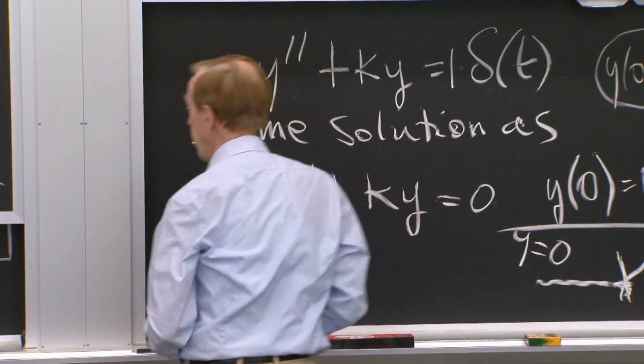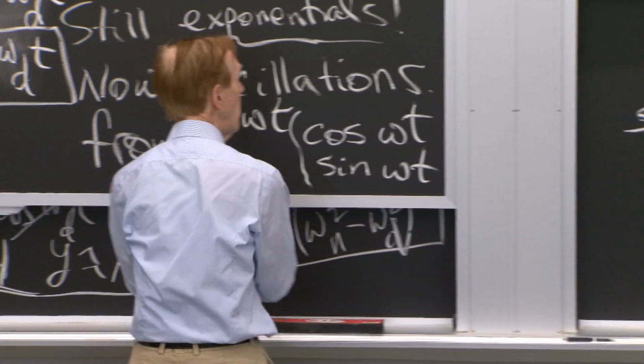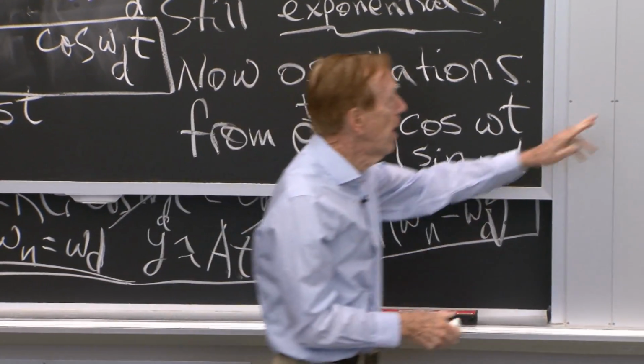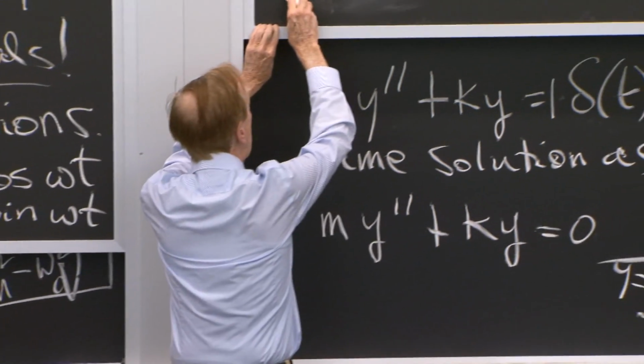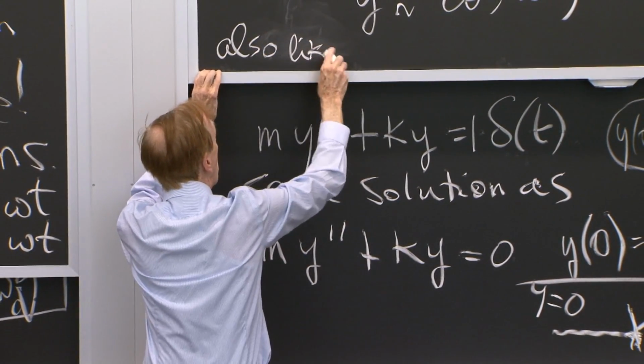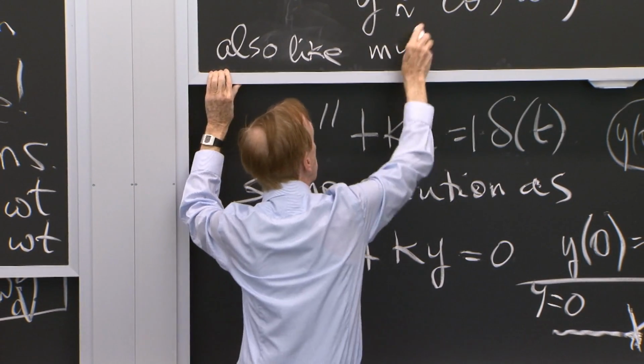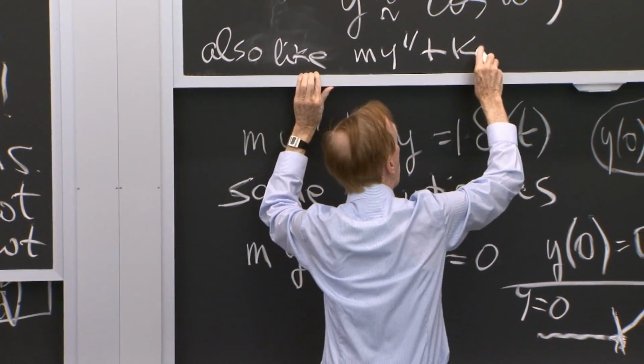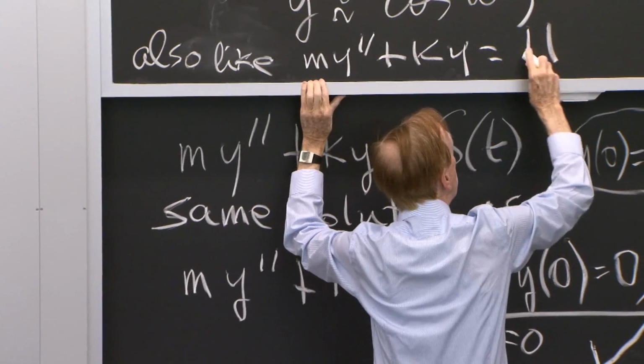I would like to be able to do that one. I'll write it right above just for the moment. I would also like to solve my double prime plus ky equal a step function.